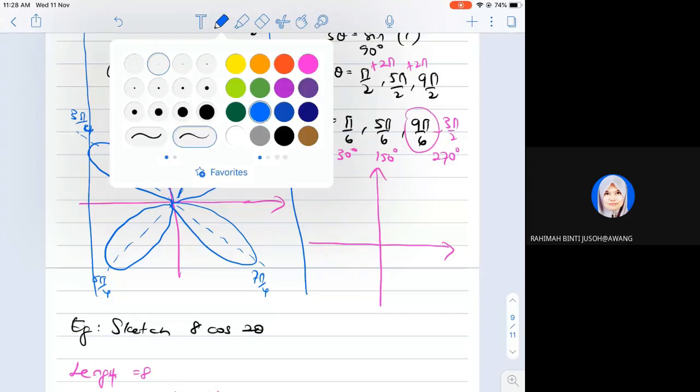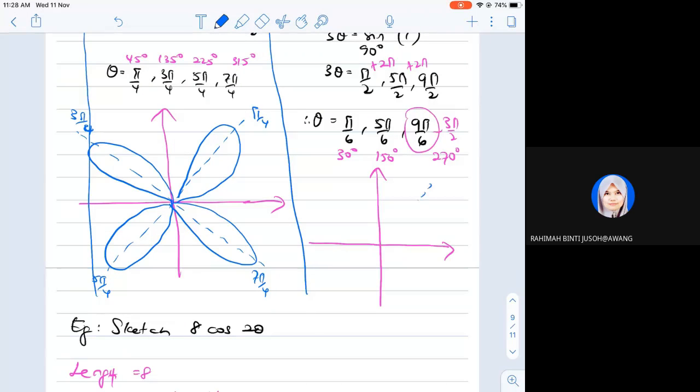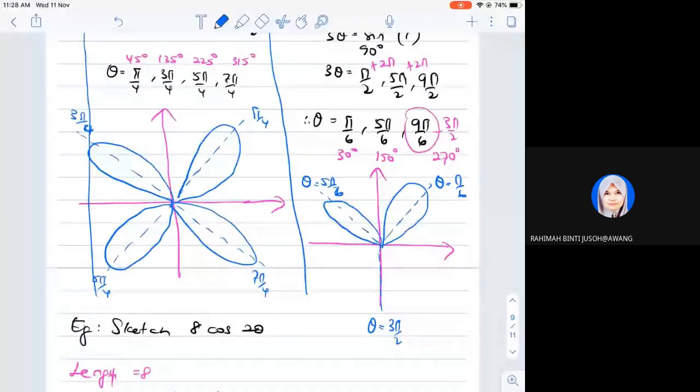The first begins at 30 degrees, theta equals pi over 6, and then theta equals 5 pi over 6, and then of course here theta equals 3 pi over 2. Therefore these are the petals, and the length should be -7, just like that. Okay, so next.